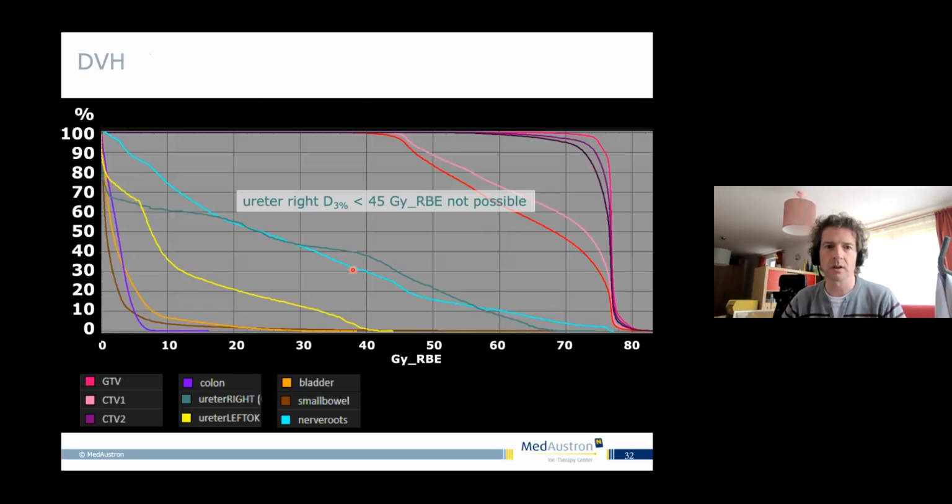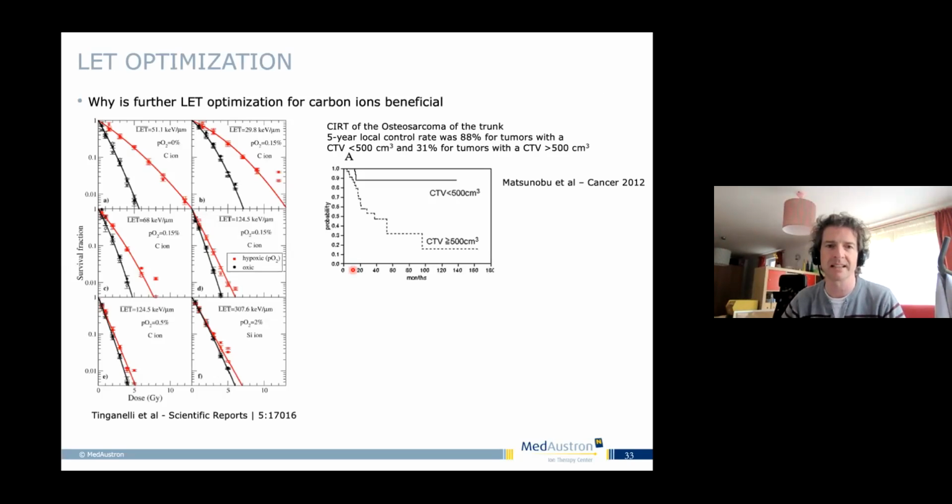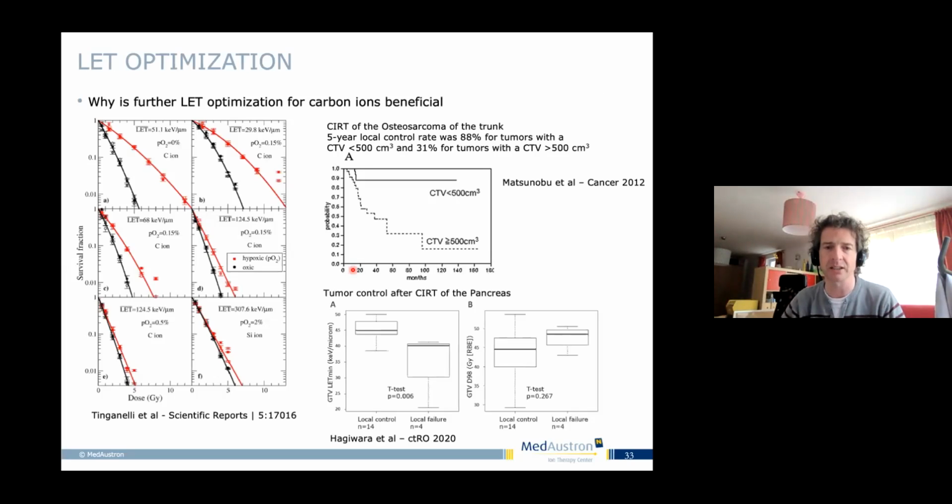Okay, so with that, I would like to address in half a minute our further projects. We would like to implement LET optimization clinically in our treatment planning system. That's a PhD project we're currently running, because it's seen in the clinical data that it's beneficial, at least for large size tumors, to translate the high LET part to the center of the tumor.